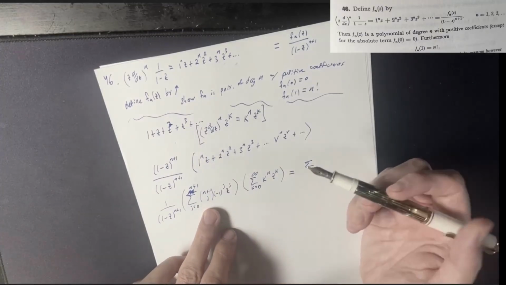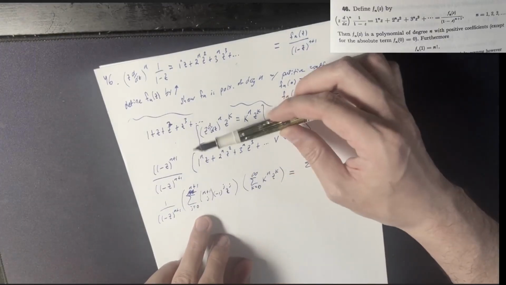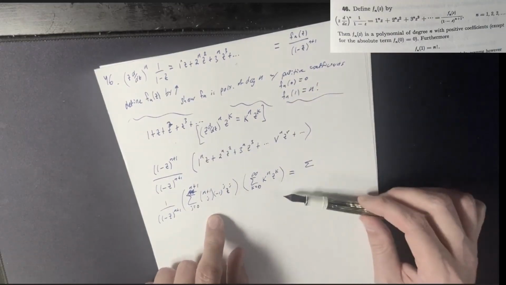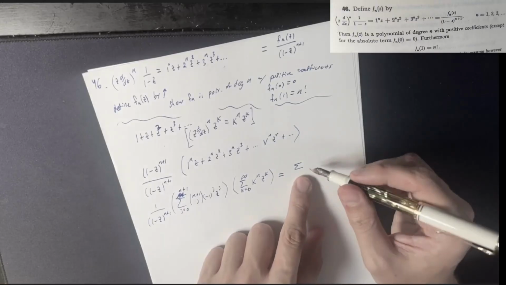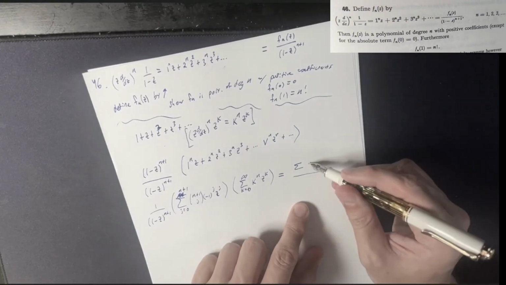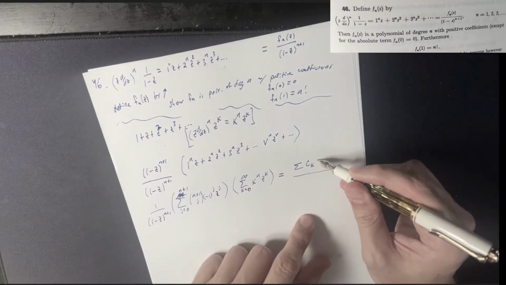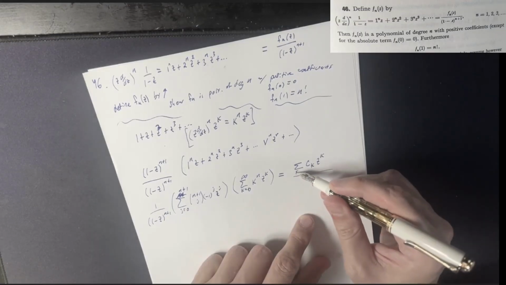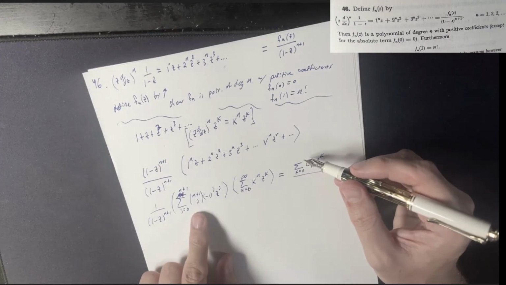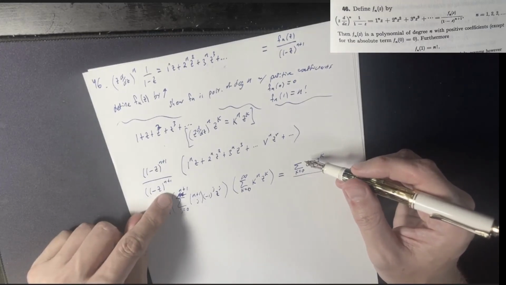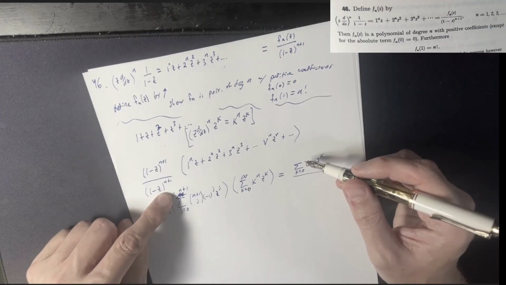So for anything above n plus 1, you're getting a product where one of the coefficients is 0. Anyway, over here we can write this as c_k z to the k. And I would think it stops at n plus 1, but we'll see what goes on over there.